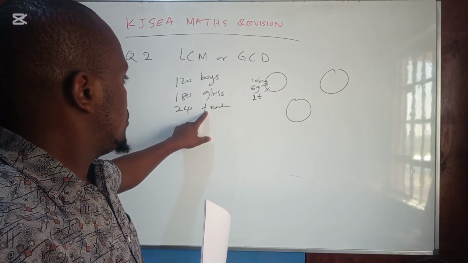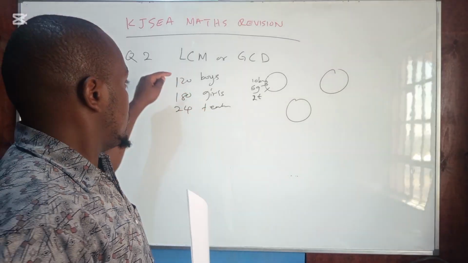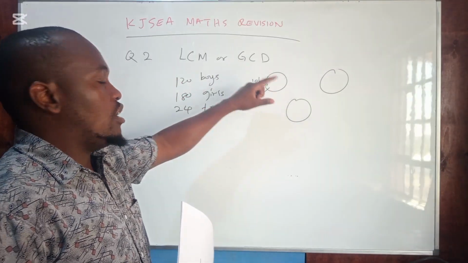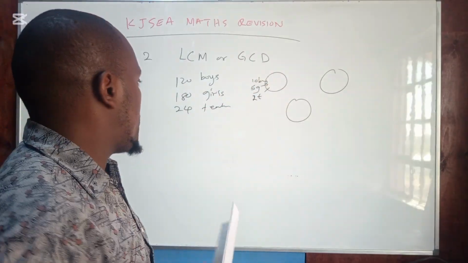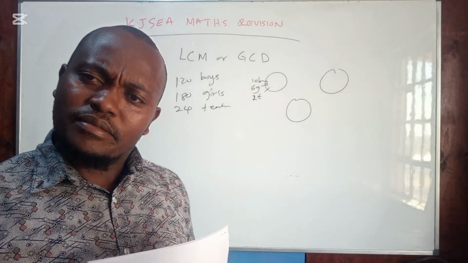So to do that, you need to find a number that can divide into the numbers present here. To do that, you need to find LCM or GCD.